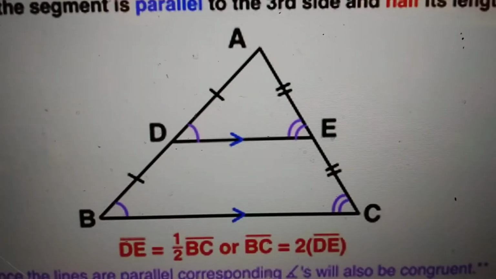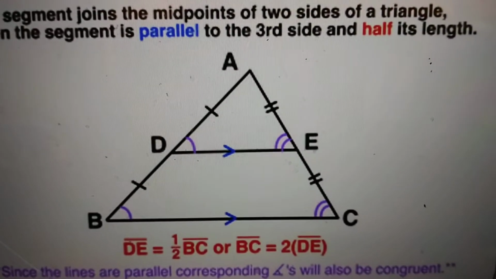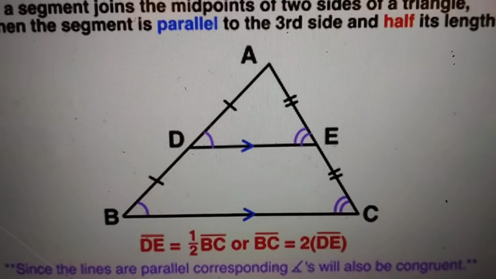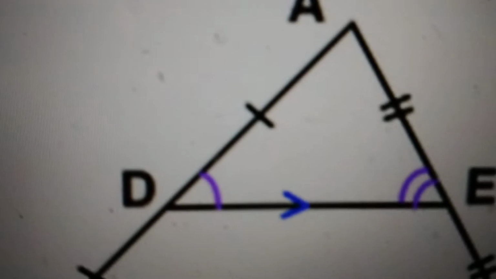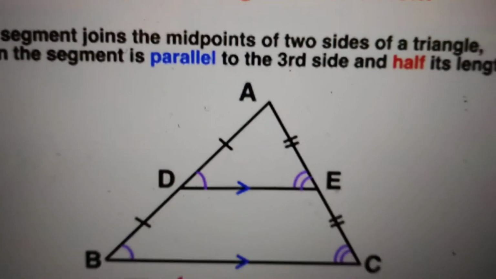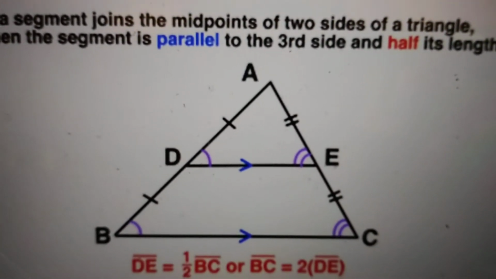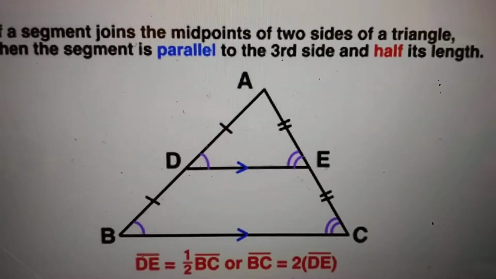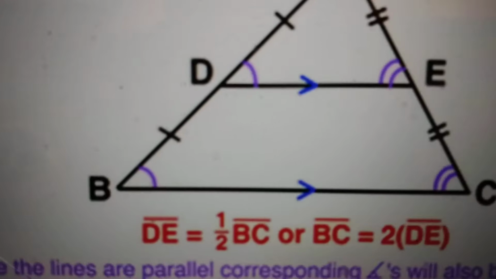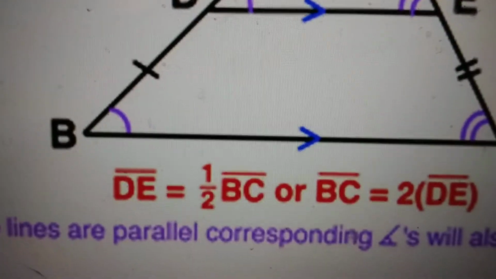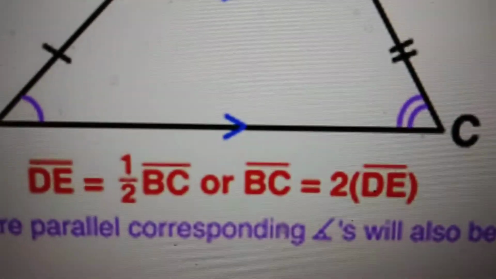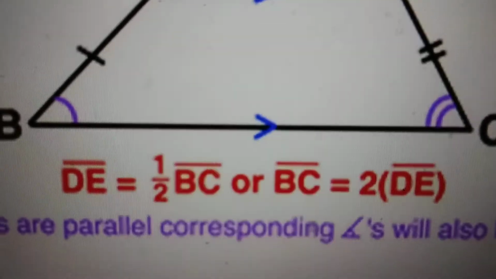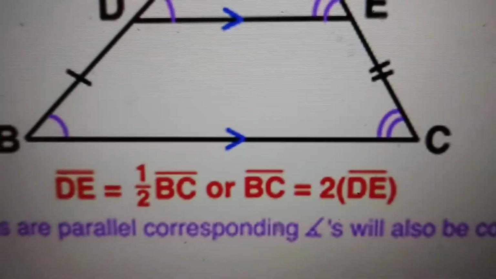The mid-segment theorem actually states that if we join together the two midpoints, D and E, then the segment will be half in length of the third side of the triangle, that is BC.